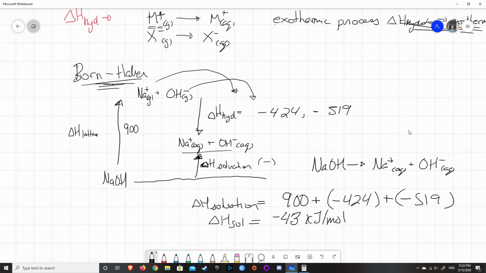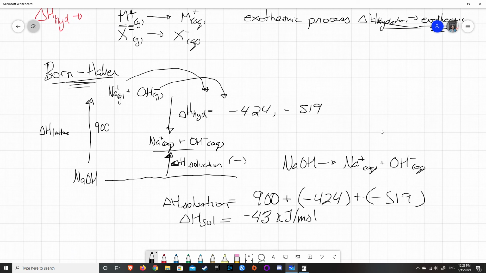And remember, delta H of solvation doesn't need to be negative. Delta H of hydration is always negative. So we can't say that this is definitely going to be negative in this case. What this tells us, working through this way, is that when we dissolve sodium hydroxide, the temperature of the solution is going to increase.